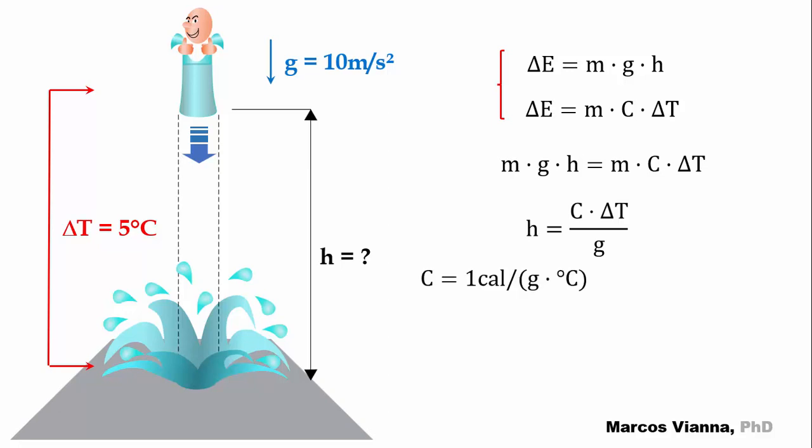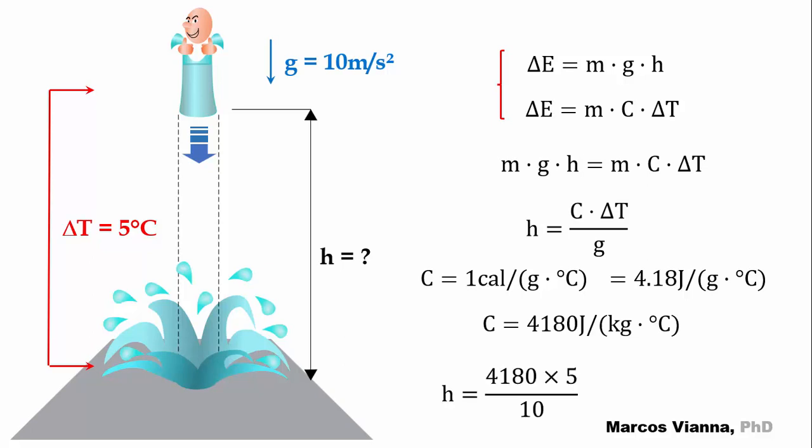We saw that the liquid water specific heat is C equals 1 calorie per gram per degree Celsius, equals 4.18 joules per gram per degree Celsius, equals 4,180 joules per kilogram per degree Celsius.